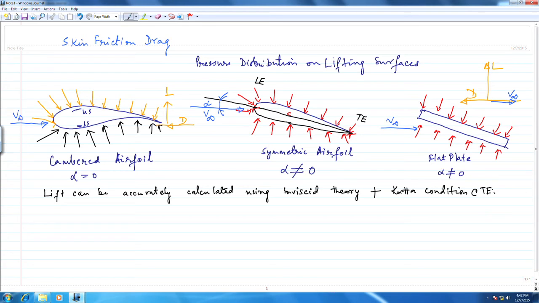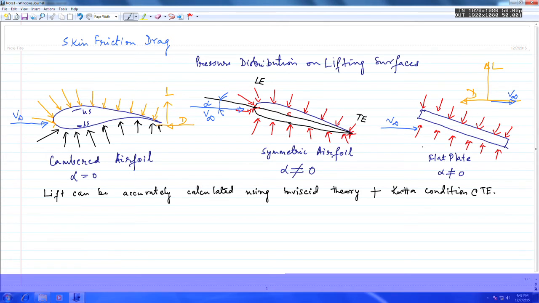Now, I am not going to explain too much about the Kutta condition, that is beyond the scope of this course. Let me just say that the Kutta condition basically enforces numerically the fact that the flow leaves the trailing edge smoothly. So, if I were to draw a streamline past this, it's going to leave it smoothly.